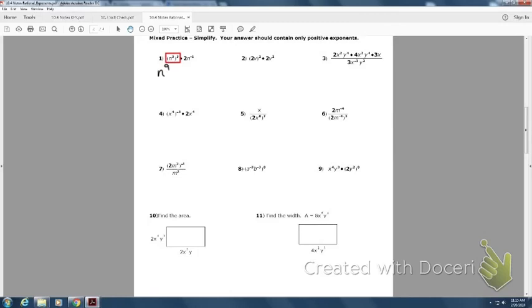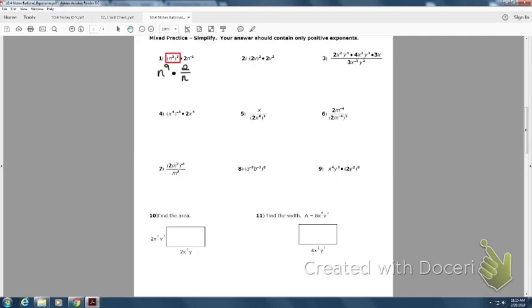Okay. Power to a power. 3 times 3 is 9. Times, Ryan, that second term there. What part of that term has a negative exponent? Just the n, right? So that is going to be the only thing I'm going to put in the denominator.